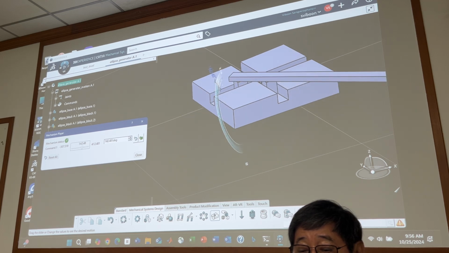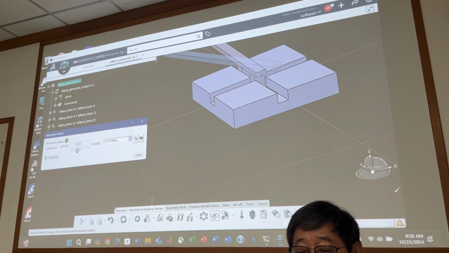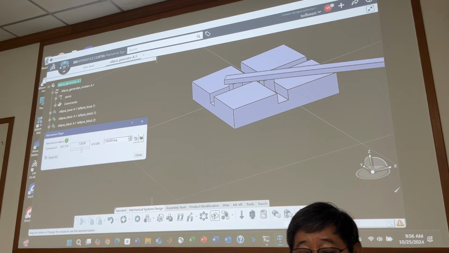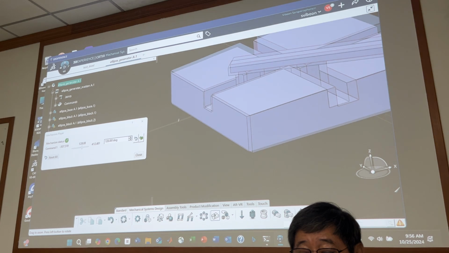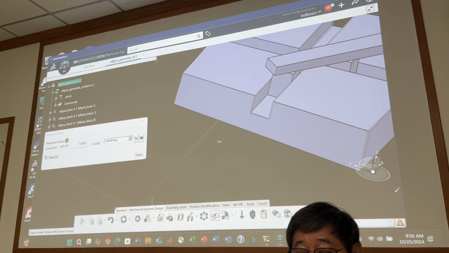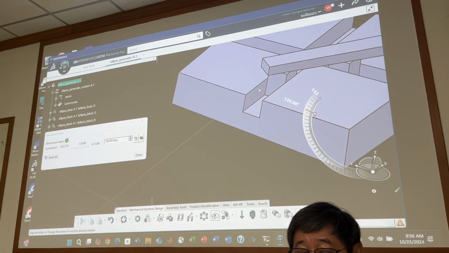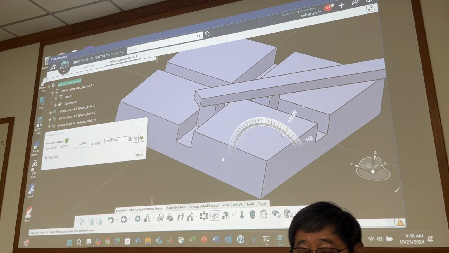This one and this one are prismatic joints, this one is a prismatic joint as well, this one rotates. The input can be this one.